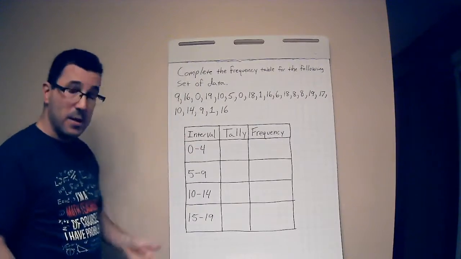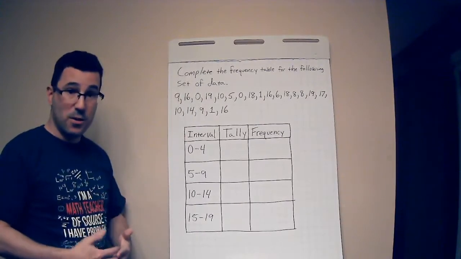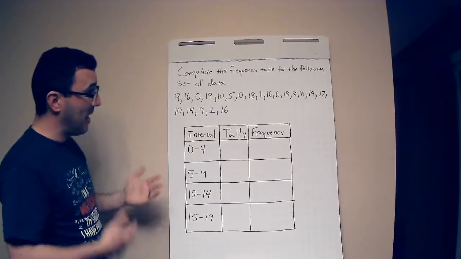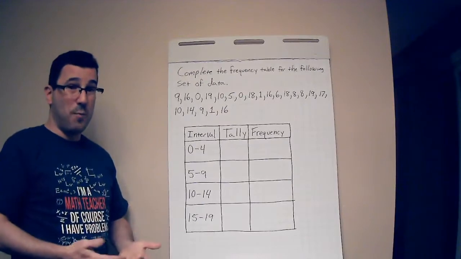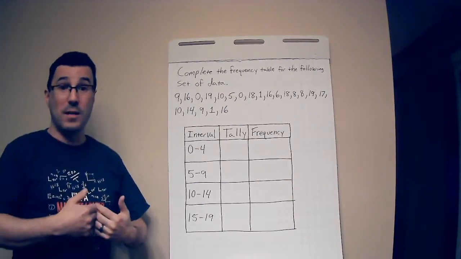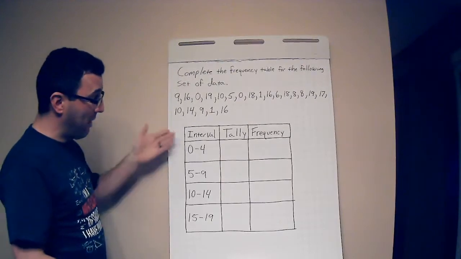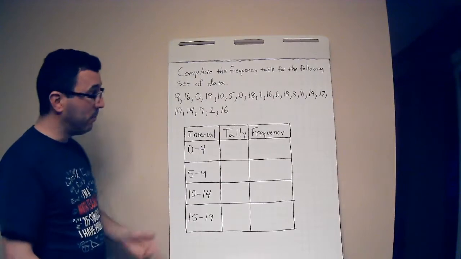Obviously, the data has to be able to fit into those intervals. If we see that our highest number is like a 15, we don't want to stop our intervals at like 10, because we won't have all the data included. So we have to make sure that we include values that cover all the data.